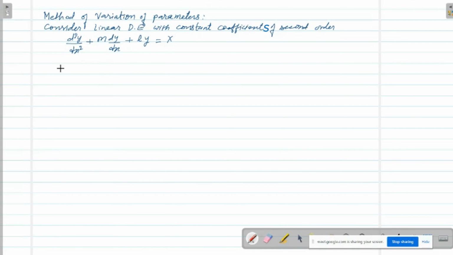Okay, we know the complementary function. What is the complementary function?